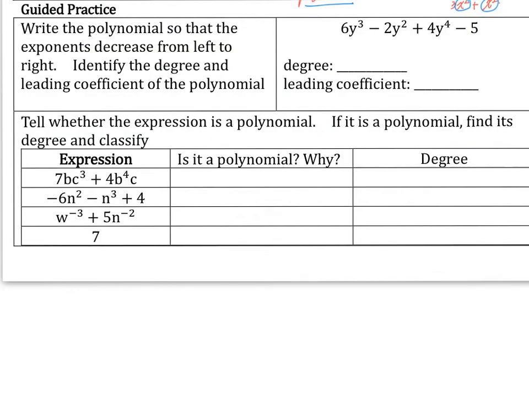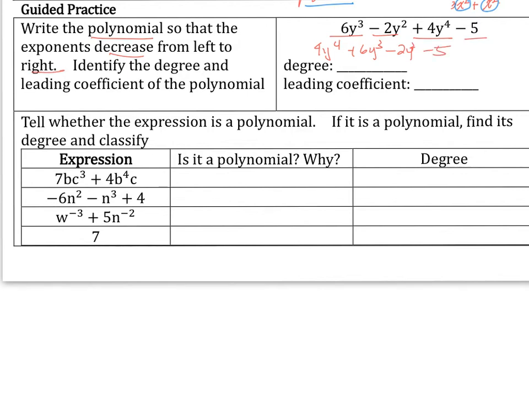Okay, let's look at some guided practice problems. For this first one, we are to write the polynomial so that the exponents decrease from left to right. So I'm going to take positive 4y to the 4th power, positive 6y to the 3rd power, negative 2y squared, minus 5.